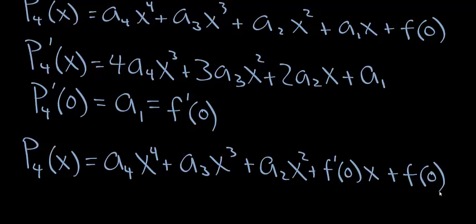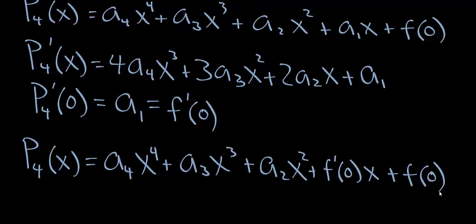Now, let's take a minute and think about this. Let's check and see if what we want is happening. In other words, we want p of 0 to be equal to f of 0. We want p prime of 0 to be equal to f prime of 0. Let's see if that happens. P of 0. Well, all of these x terms go away and we got f of 0. Excellent. Now, let's do p prime.